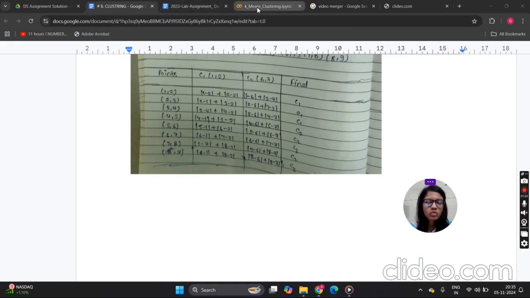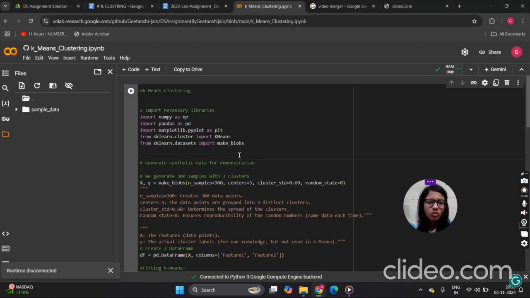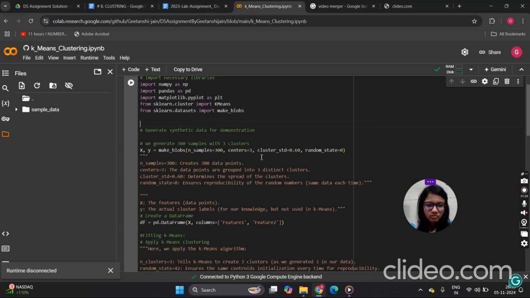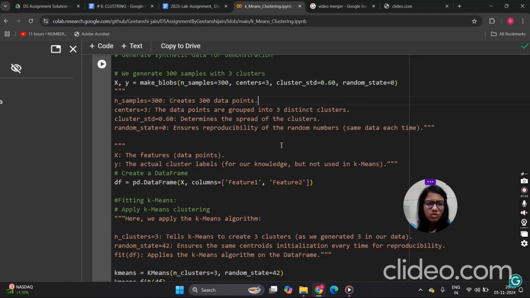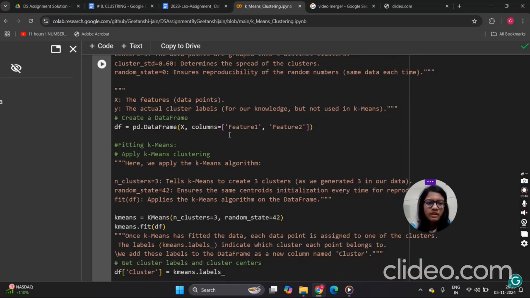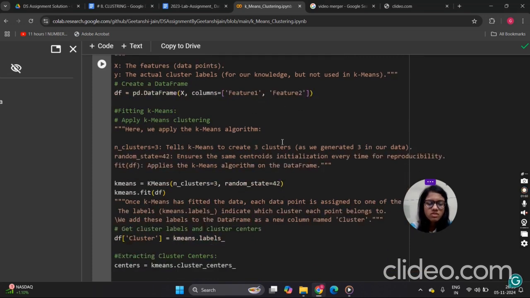This is the code for k-means clustering. First we generate 300 samples with 3 clusters, with n_samples equal to 300. We want to create 3 centroids, so X, y equals make_blobs. Next, pd.DataFrame of X with columns feature 1 and feature 2.